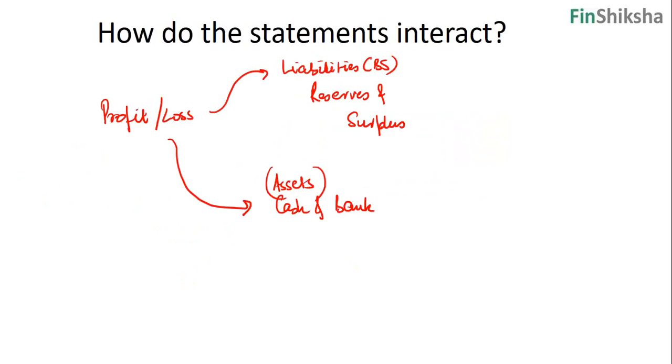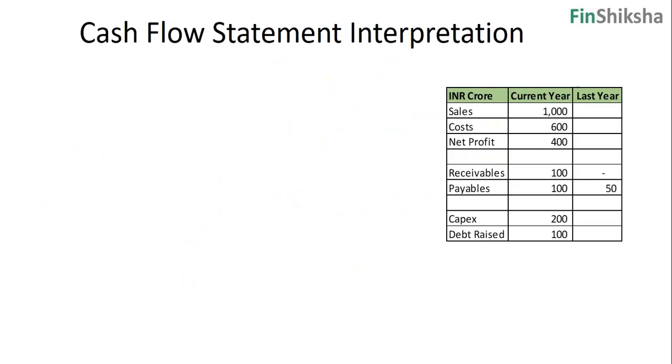So that's how the item balances itself on both sides of the balance sheet. We'll do an exercise on this, and that will make things clearer as you go along. But this is a very simple exercise to understand how a P&L and a balance sheet link with each other. Let's introduce the third statement, which is the cash flow statement.